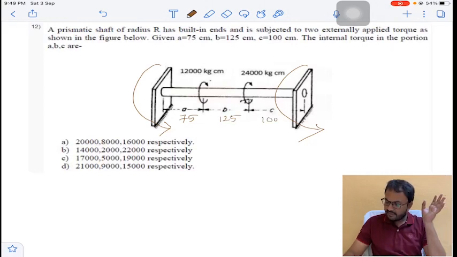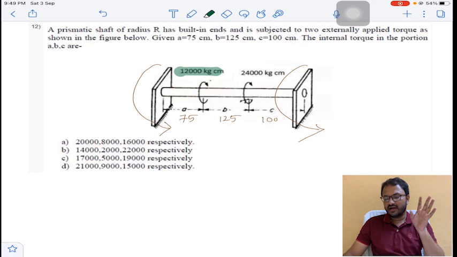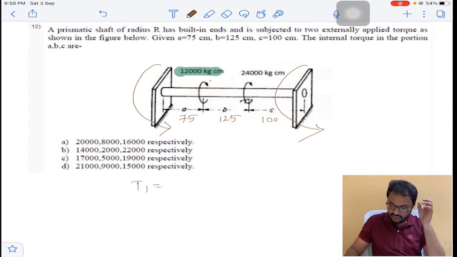Now I will place only 12,000 torque and I will remove 24,000. Because of 12,000, I get torque on left portion T1, that is equal to 12,000 is the applied torque, and the distance on right side is 125 plus 100, that is 225, and the total length will become 300. It will be 9,000.